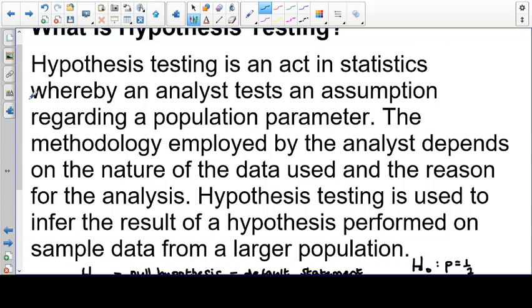Okay, now it says hypothesis testing is used to infer the result of a hypothesis performed on sample data from a larger population. So what we're trying to do is use data based on a sample to prove or disprove whether what we've found for our sample can be said to be true for the population.